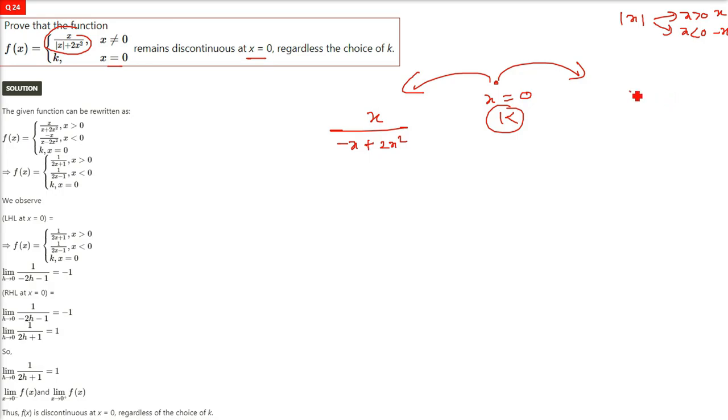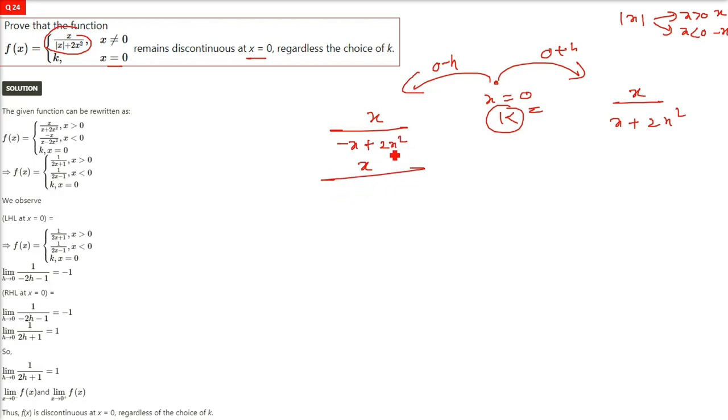So here x by negative x plus 2x square. On the right hand side, it will be x by, now since we are on the right hand side, that is above 0, it is plus x. So the best way is to take x common. If you can take x common, you will get rid of x on both sides. And 0 minus h will be the left hand limit, 0 plus h the right hand limit. So as I said, you can just take this x here and x in the denominator.